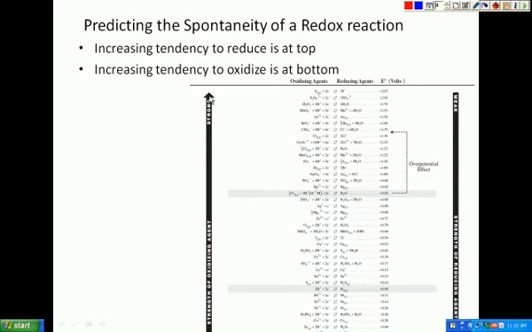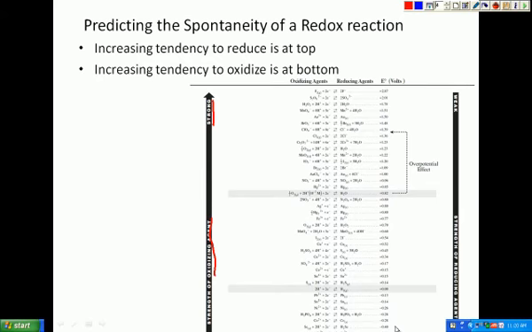And that's why on our table it says strong oxidizing agents. Now at the bottom of the table we have strong reducing agents.